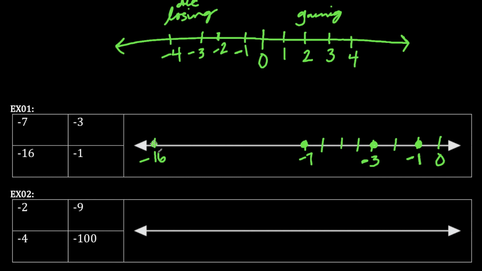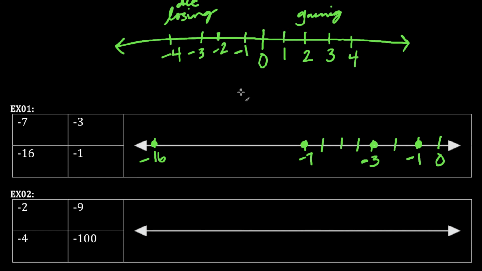So if we're looking at this, the numbers to the right are greater. Like 4 is greater than 3, 3 is greater than 2, 2 is greater than 1. 1 is greater than 0. 0 is greater than -1. -1 is greater than -2.